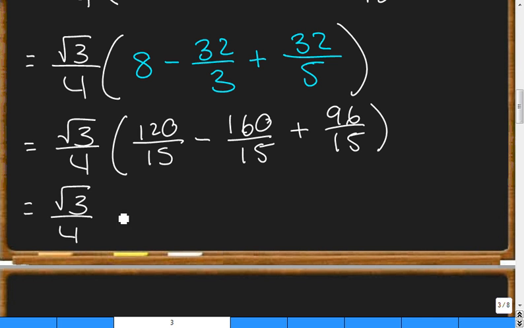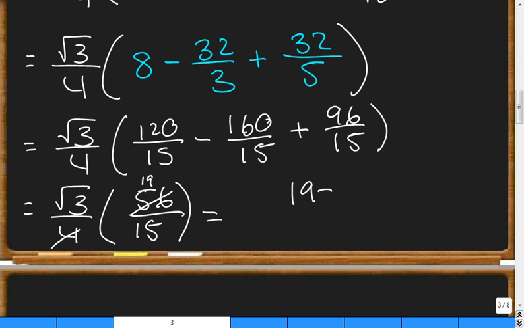And a lot of this can be accomplished through the calculator, but I'm just modeling the best I can. So this is 56 over 15. And just a little bit of simplification here. This 4 will go into 56 14 times. So we're going to get 14 times the square root of 3 over 15.